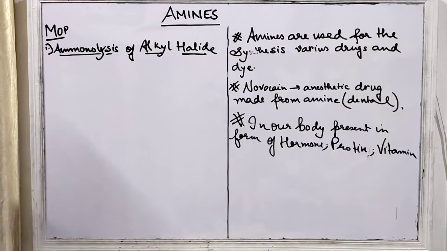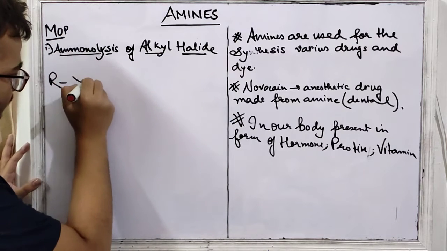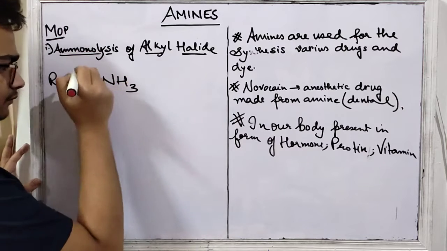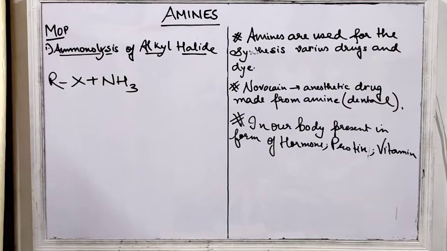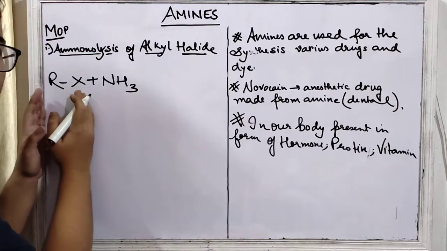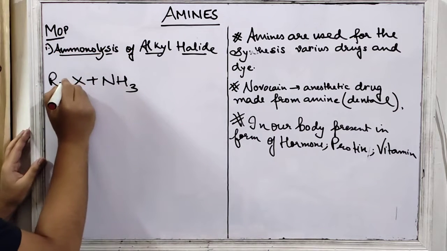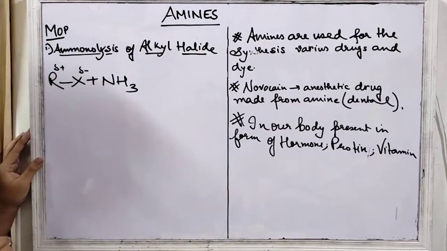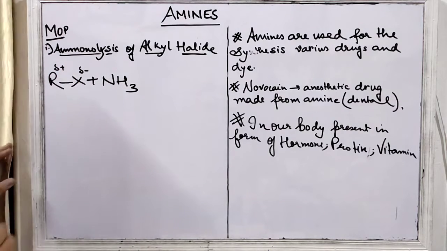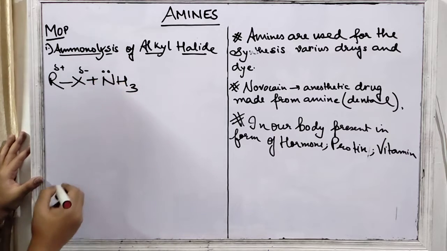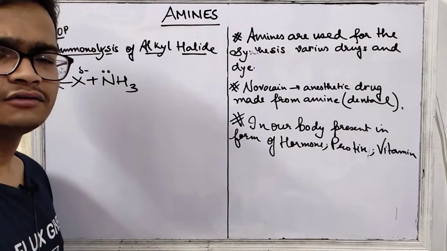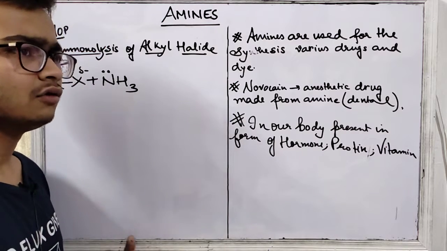Let's take RX plus NH3. Clear? This is ammonia and this is an alkyl halide. What happens here is, this is delta negative and this is delta positive. And here, you know, there is a lone pair. The lone pair is negatively charged, so it will have a tendency to go with the plus charge.